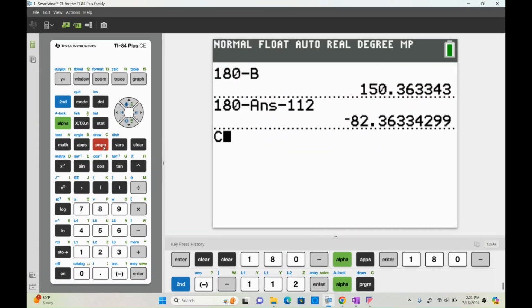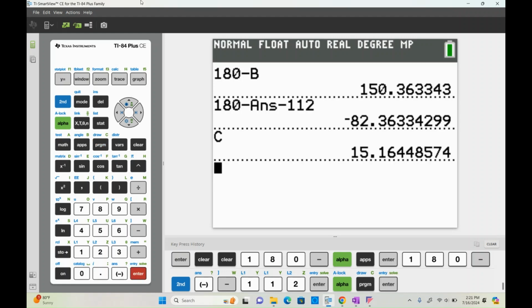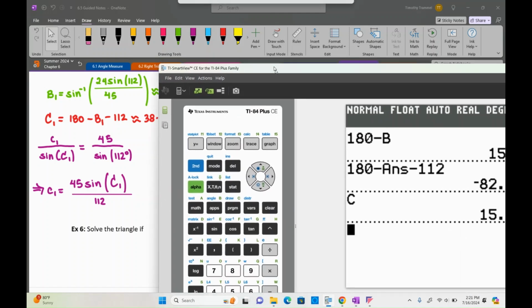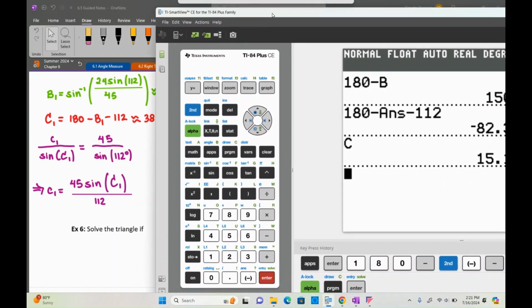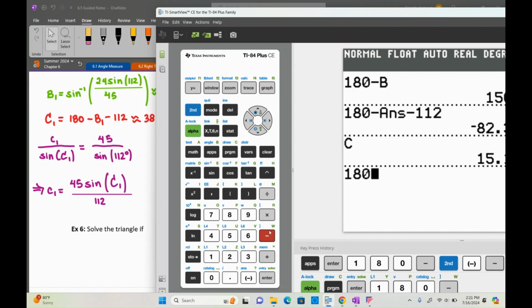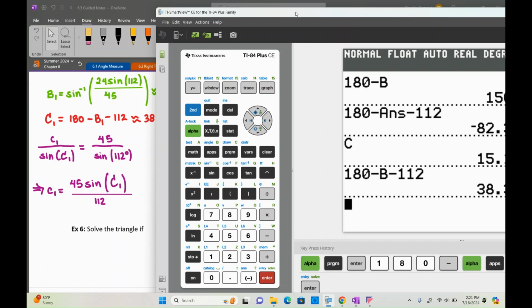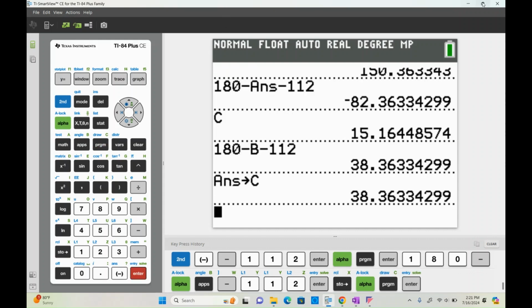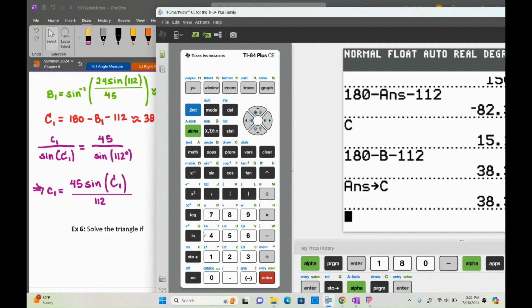Alpha c. And you can see that actually is different than that 38.4 we have there. So let's go ahead and actually recalculate it real quick. So we had 180 minus B minus 112. So I'm going to hit store now, and I'm going to store it as C. Okay, there we go. Now I can just type this in.